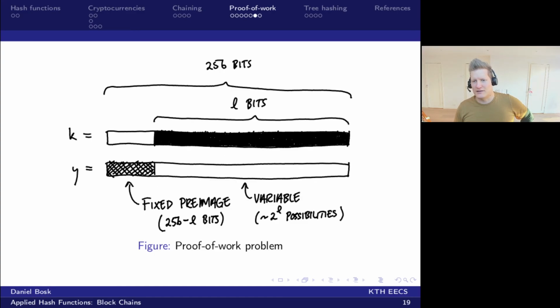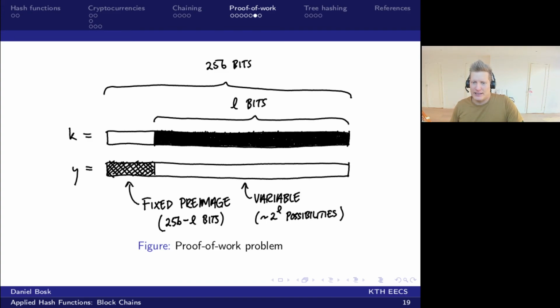But if we look at the proof of work problem, we see that it's only this that is fixed. So there are these many bits that we can actually vary, that are allowed to vary for this to solve. So it's a much easier pre-image problem than the actual pre-image problem.